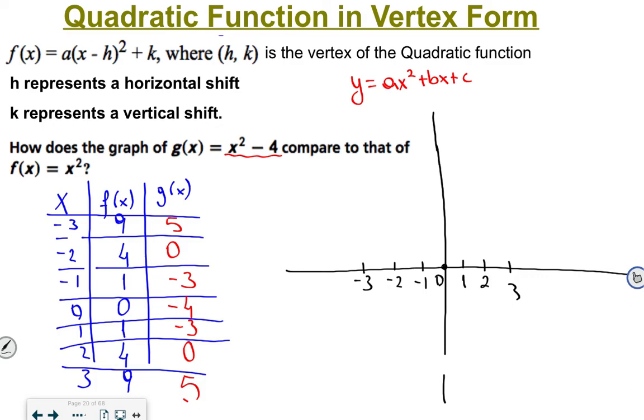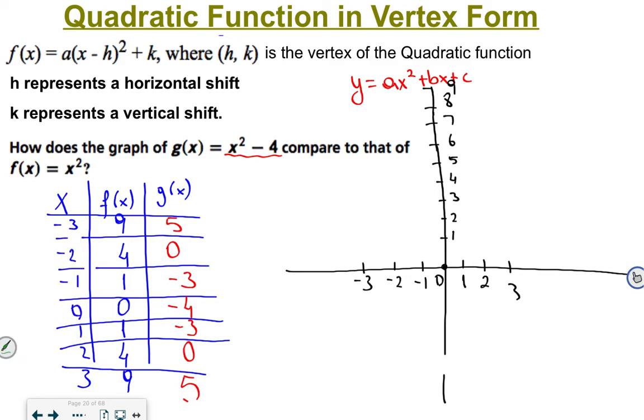Now we are going to determine the numbers on the y-axis. Let me increase this: 1, 2, 3, 4, 5, 6, 7, 8, and 9. Now let me plot the points that belong to the f function.